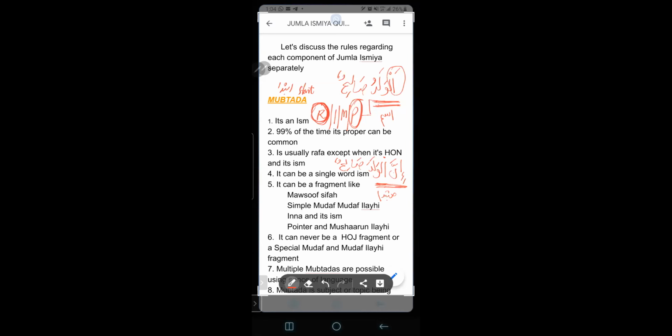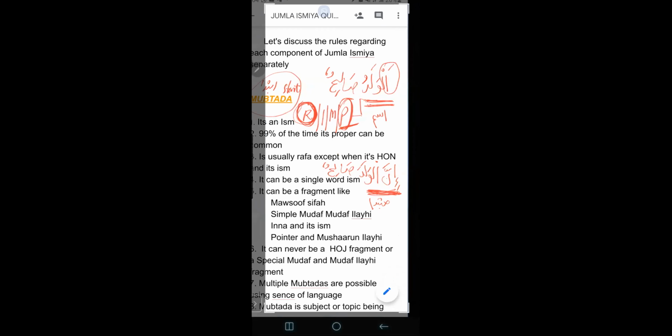So these points were the basis of the sentence Jumla Ismiya, and one of the main components without which Jumla Ismiya will not be valid is that the mubtada is almost always proper, and usually it is rafa except when the HON is there, so then it will be nasab. So we've got three points done.